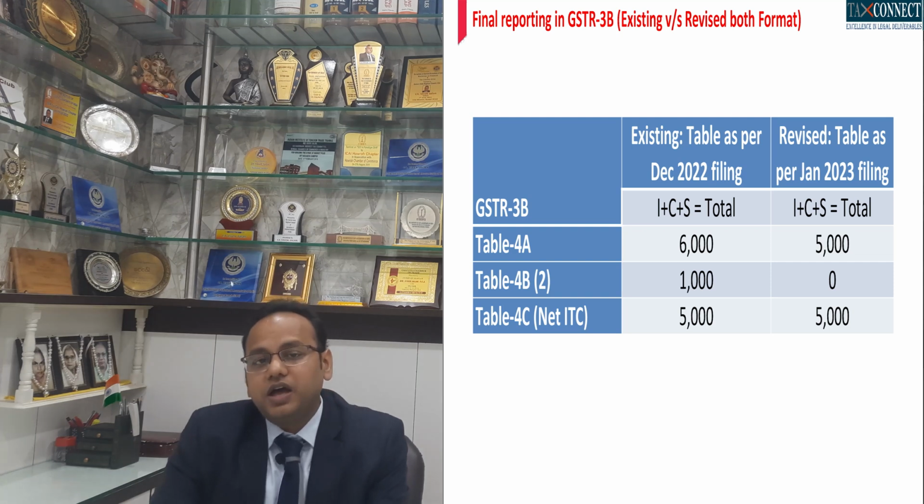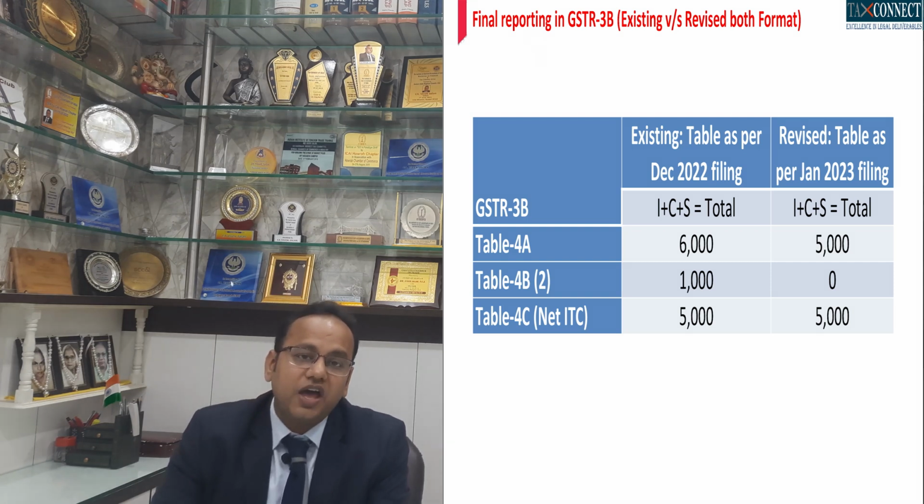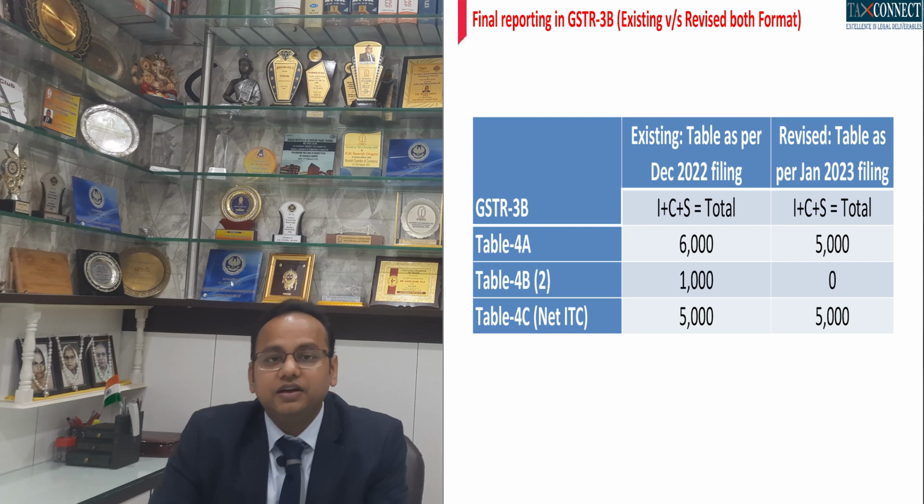implications. So, as of now, in case you have an ITC in your GSTR 2B amounting to rupees 6,000, you take the ITC of 6,000 in table 4A of GSTR 3B, and in case you as a recipient have received a credit note from a supplier worth rupees 1,000, then you disclose it in table 4B and the net 5,000 rupees ITC is eligible to you, which is disclosed automatically in table 4C.